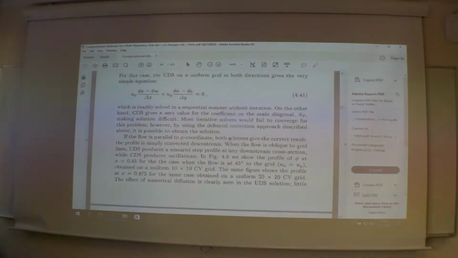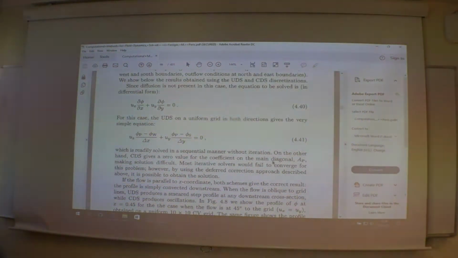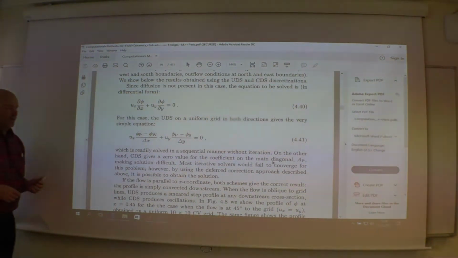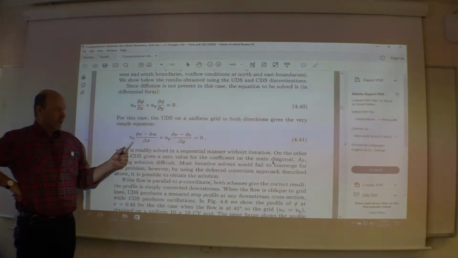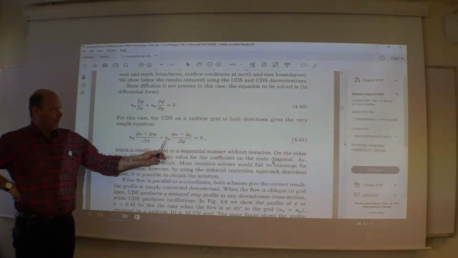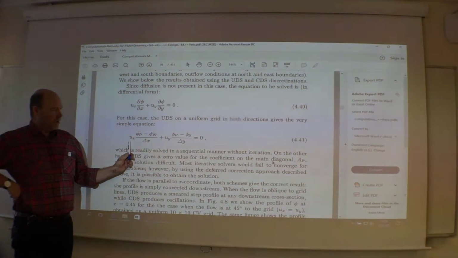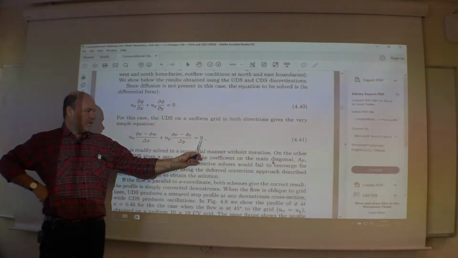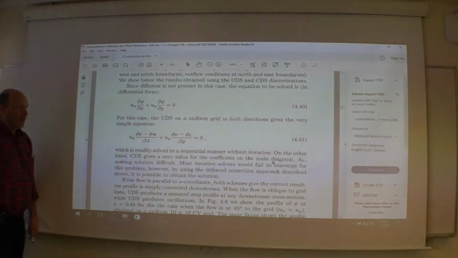For the upwind scheme, we now do it with a first order upwind, very easy. Both u and v, the velocities in the x and y direction, are constant and they are the same. So you can sort of forget them. They are 0 on the other side anyway.